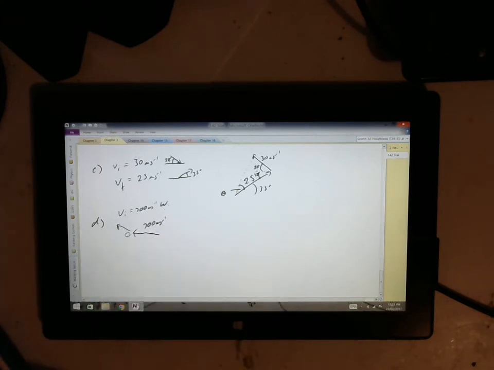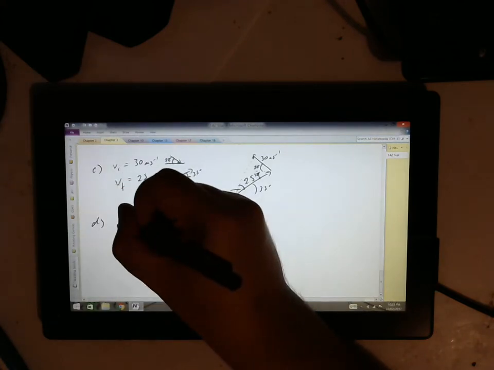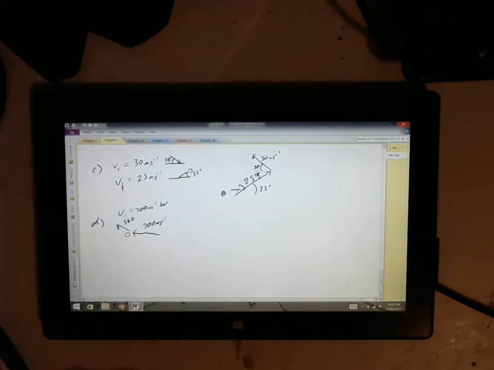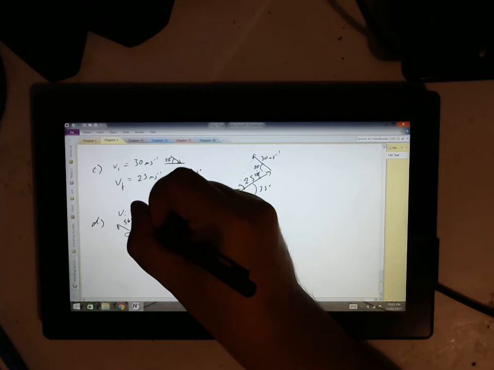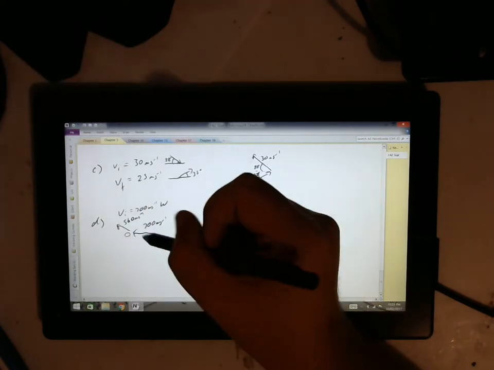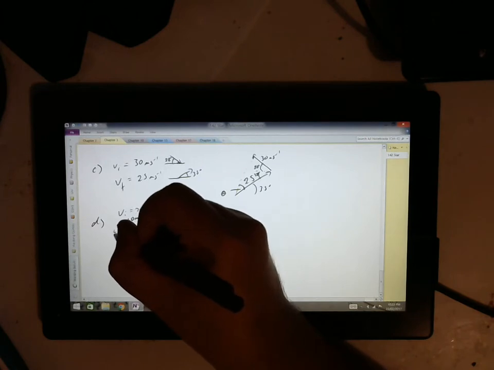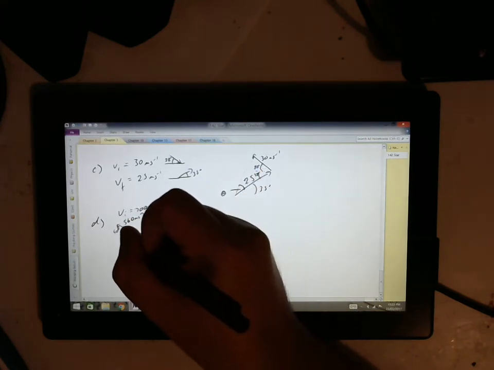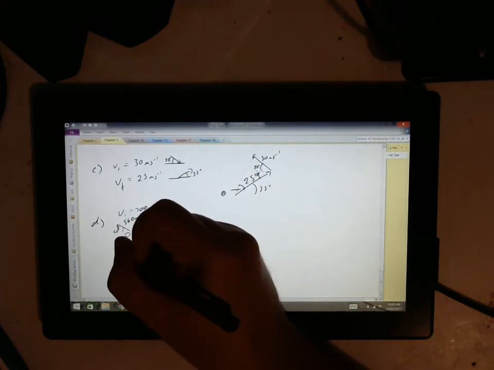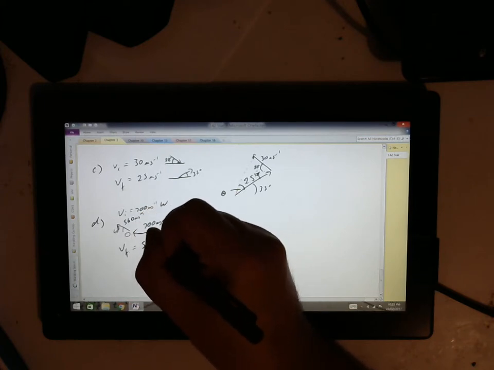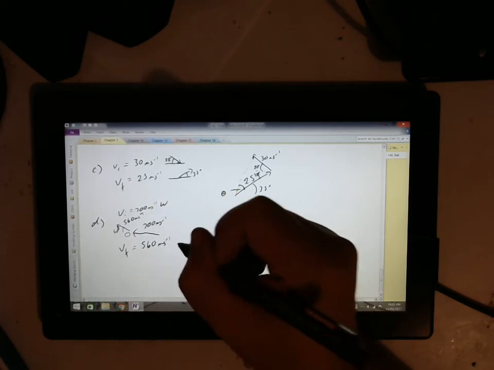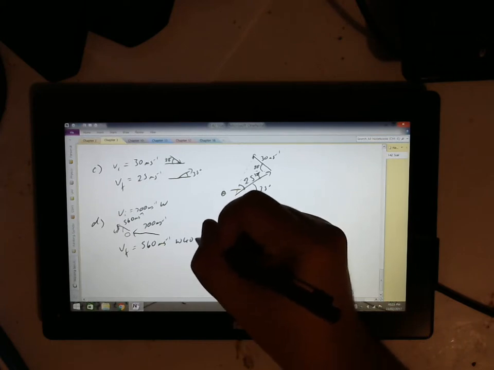So that's 80% of 700, which would give us 560. And if that's west and that's deflected by 40 degrees, then that's going to be north 40 west. So VF equals 560 meters per second at west 40 north.